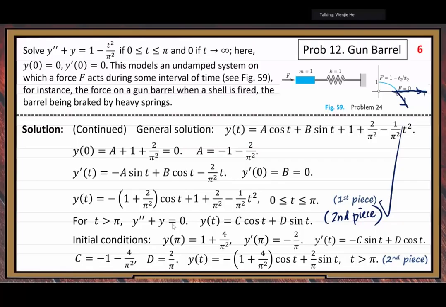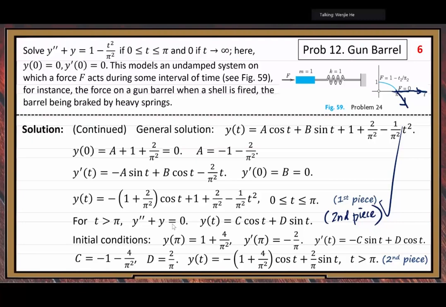Then, for the second step, we need to answer the same question. Now, we calculate the y prime of the first piece, from the solution of the first piece.